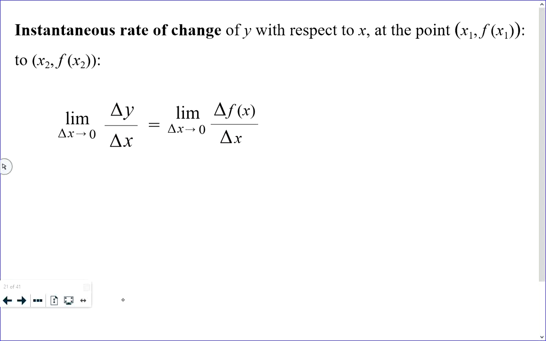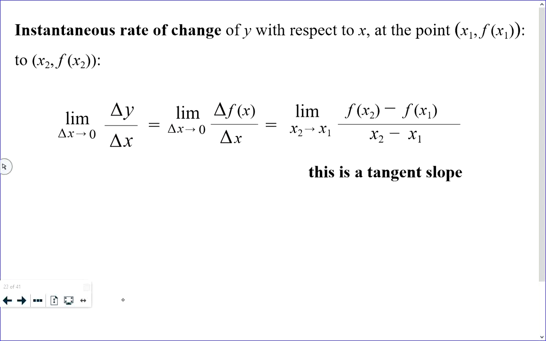So it's the limit as delta x approaches 0 of delta f of x over delta x, which is the limit as x2 approaches x1. That's the only way delta x can become 0 or closer to 0, of f of x2 minus f of x1 over x2 minus x1, and that's the tangent slope.